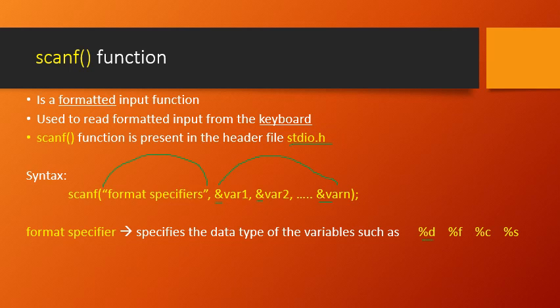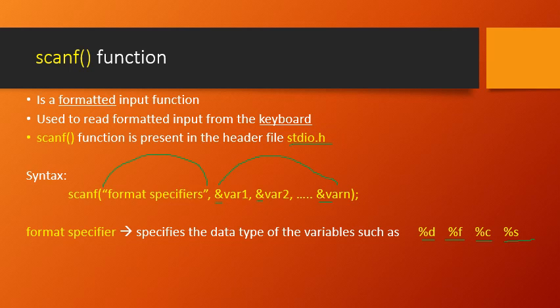It could be an integer, a floating point, a single character, or even a collection, that is a group of characters. Percentage d for integer, percentage f for float, that is fractional numbers, percentage c for single character, and percentage s for a group of characters, that is a string.